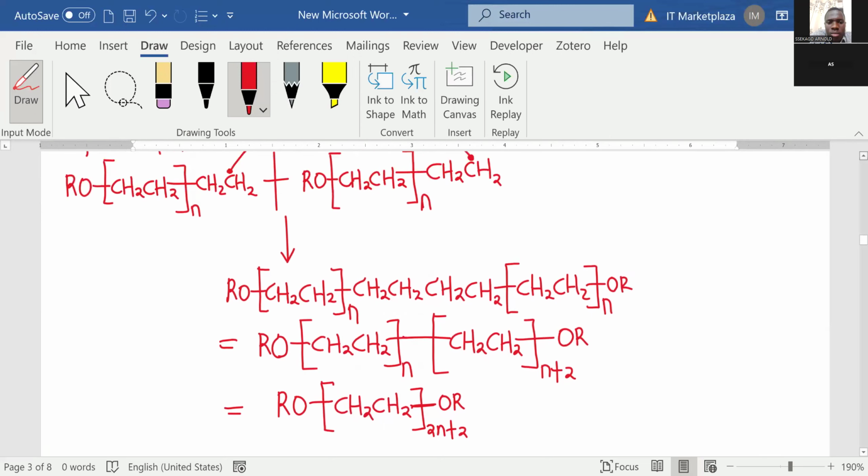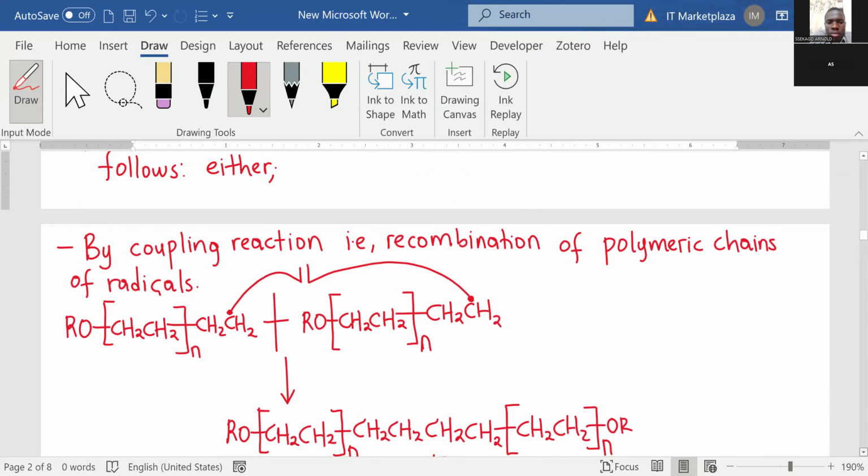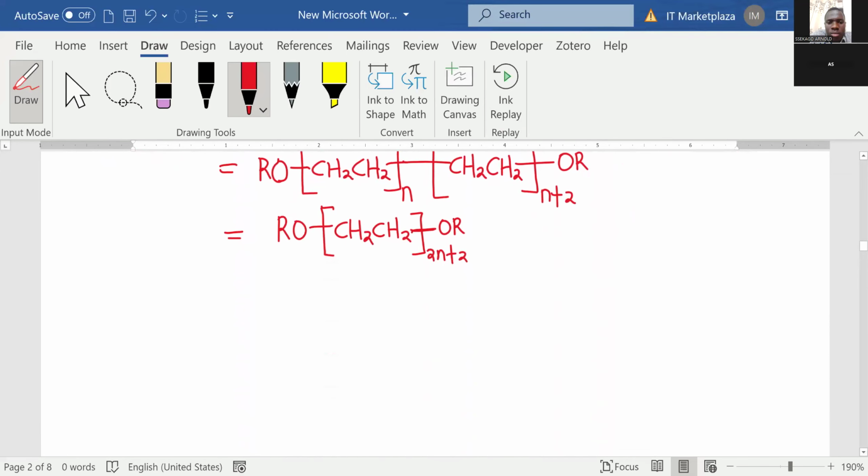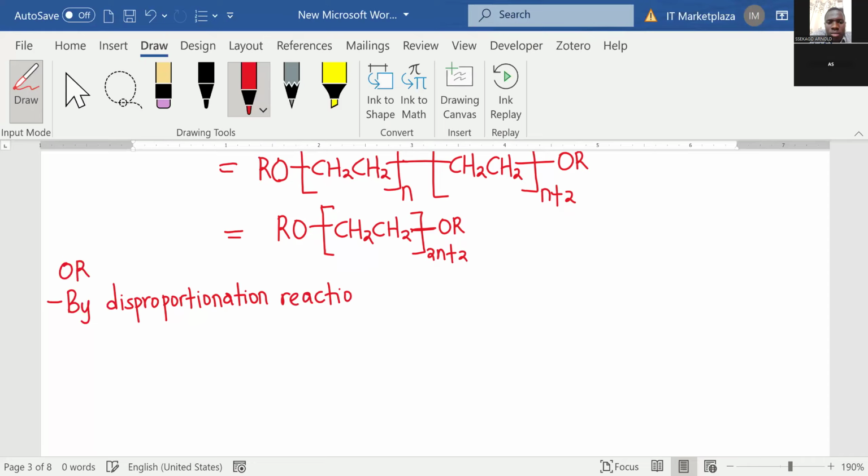We can terminate via coupling, either by coupling reaction or by disproportionation reaction. So what is disproportionation?